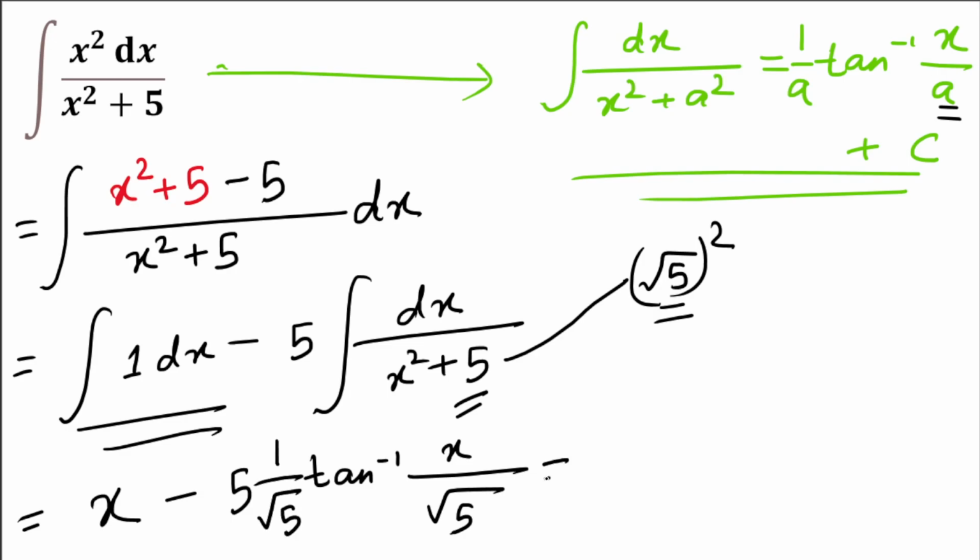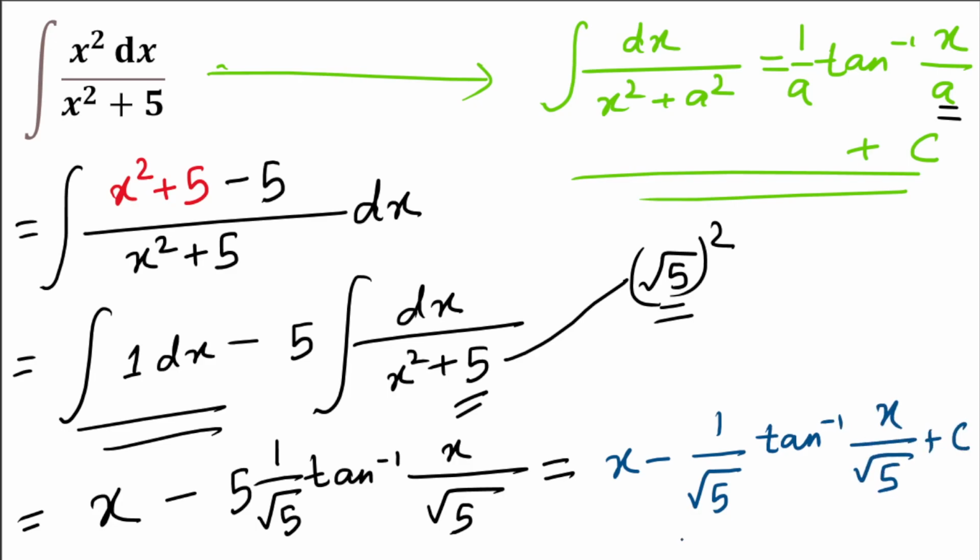Now this whole thing transforms to a final expression, which will be like this: x minus 1 by root 5 tan inverse x by root 5 plus c. This is the answer. Hopefully this particular problem is clear to you.